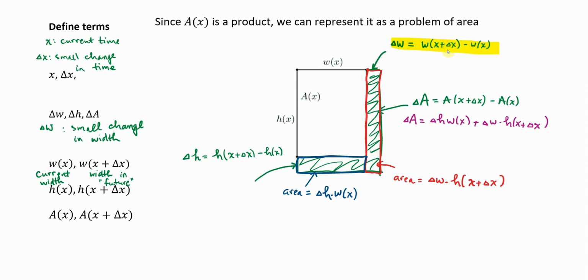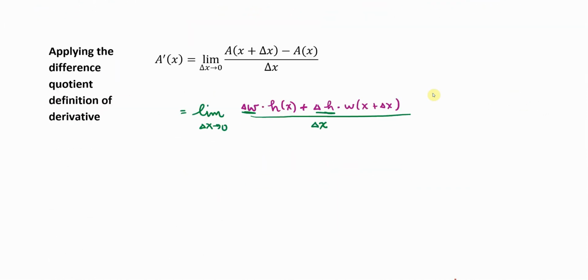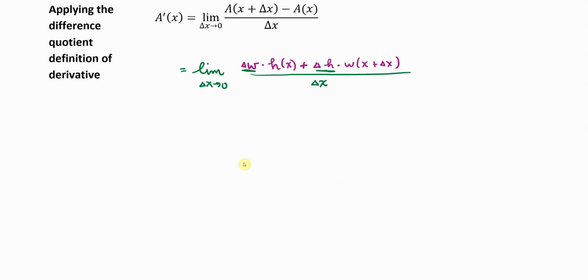So that's worth highlighting, and all I'm going to do here is go back to my expression and make that switch. What is delta W? Well, that's just W of x plus delta x minus W of x, and all of that gets multiplied by H of x.